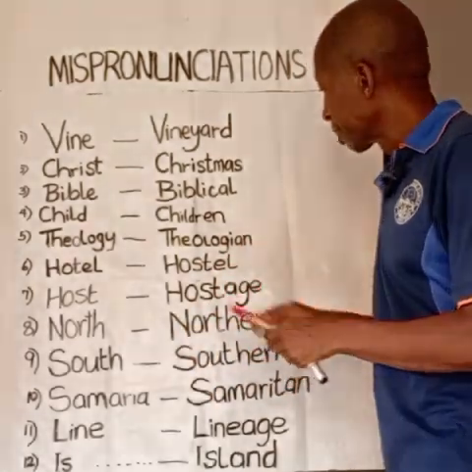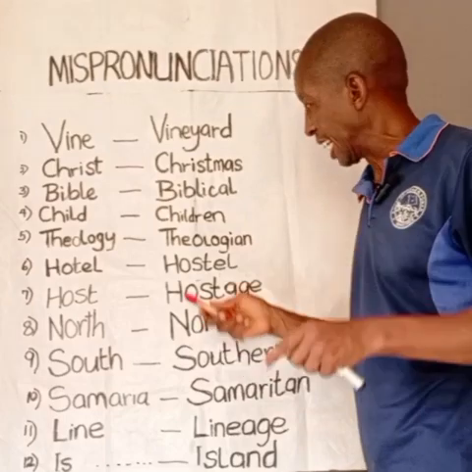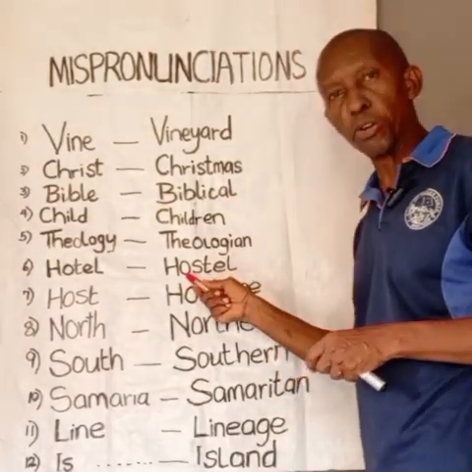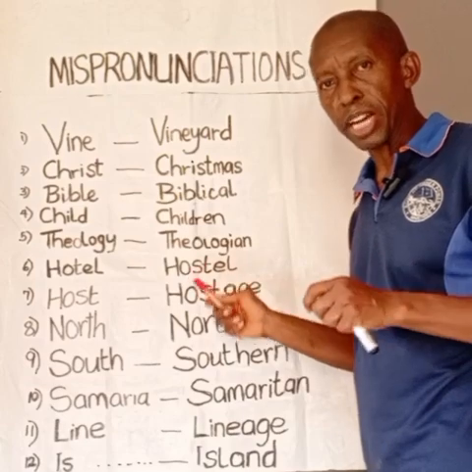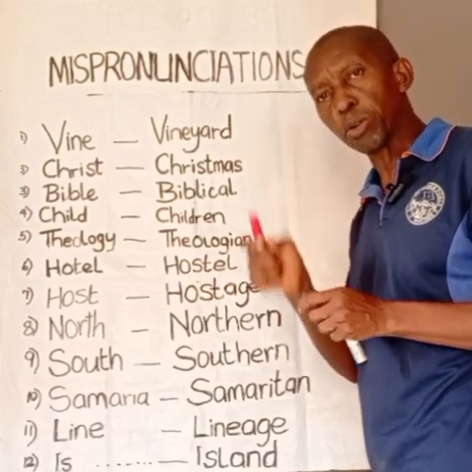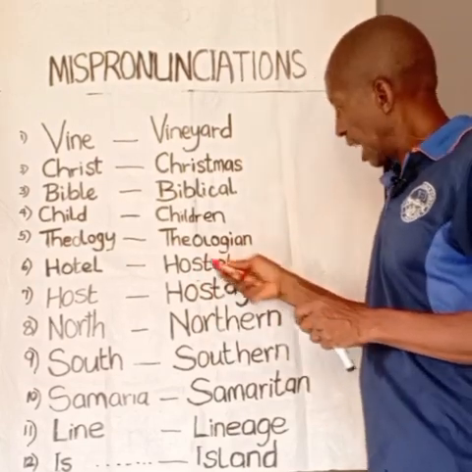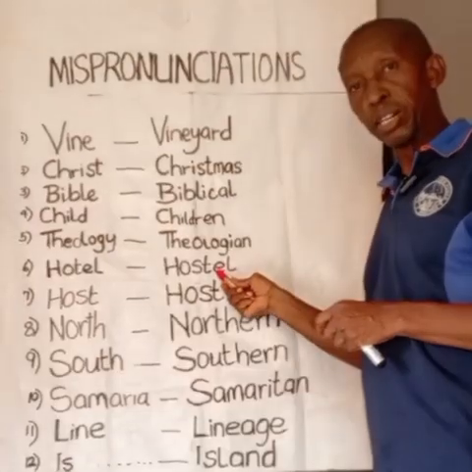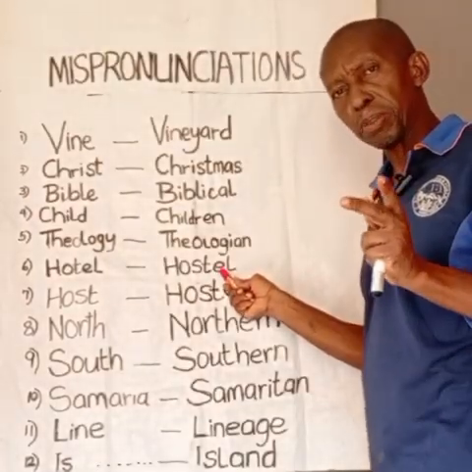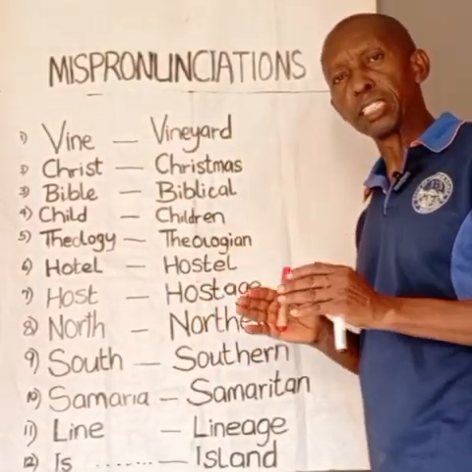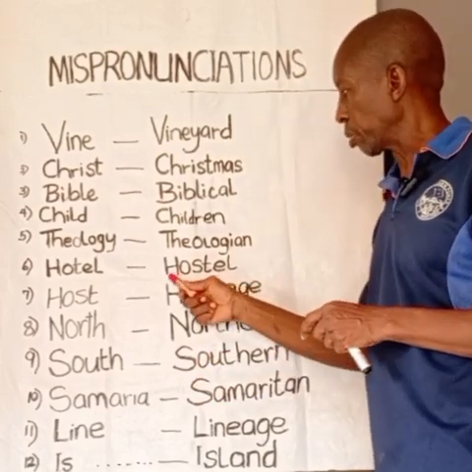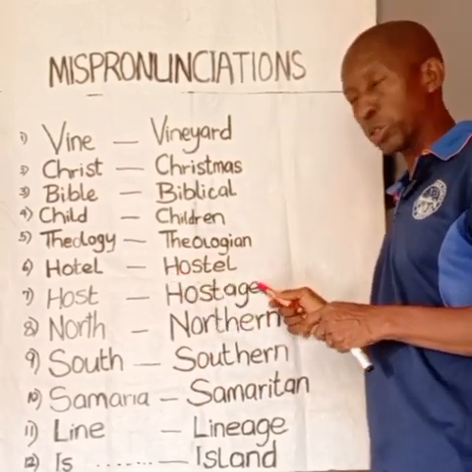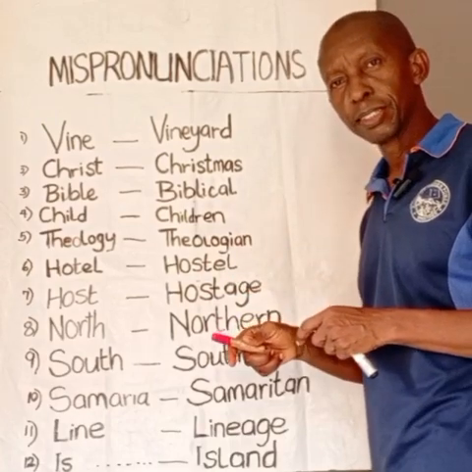Watch. You see, the letter O occurs in this syllable. Letter O does not make the long O sound. It makes a short vowel sound. Let's go to the next vowel here, letter E. It does not make any sound at all. It is more of silent. So what we say here is hostel, not hostel.